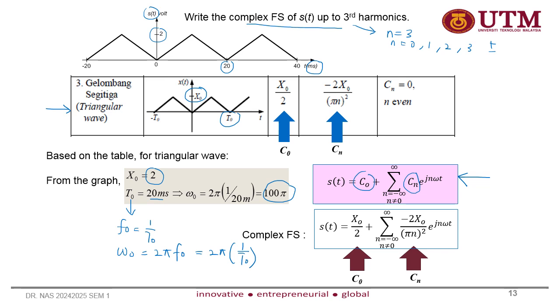For a triangular wave, C0 is equal to x0 over 2, and Cn is negative 2x0 divided by the function. Please don't forget to look at the remark. Cn will always be 0 when n is an even number. The question asks you to go up to n equal to 3, but Cn is 0 when n is even, so you just need to consider the odd numbers. You don't need to consider n positive and negative too.